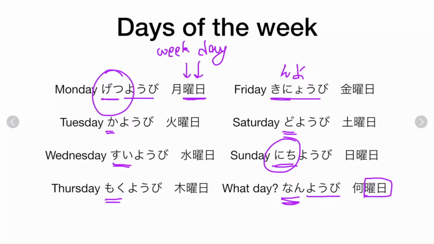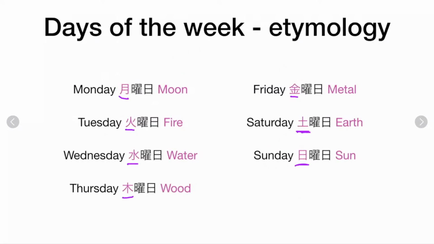And then you just have to remember these elements, right? The fire, water, wood, metal, earth elements and the order in which they come. But that's fine. In the same way that you as a child learned the order in which these days exist, even though there's no real pattern to them, I think you'll be able to figure it out.